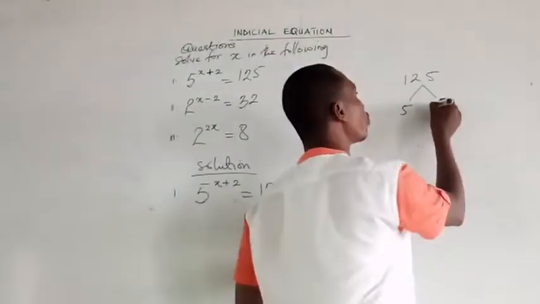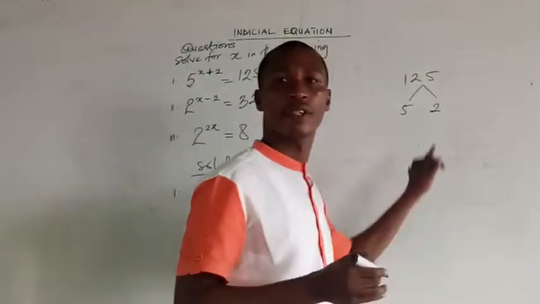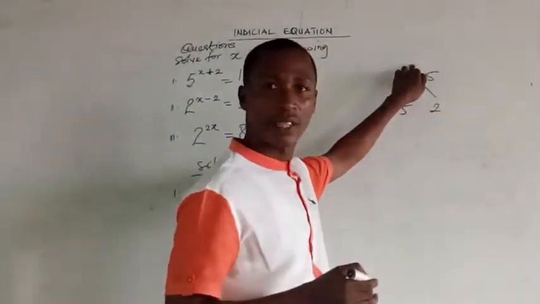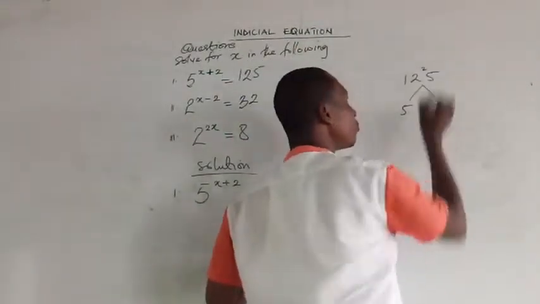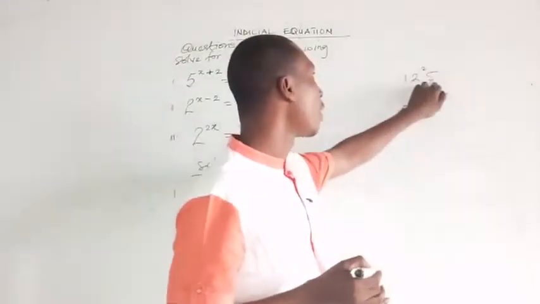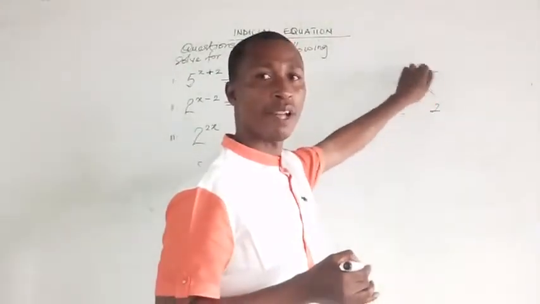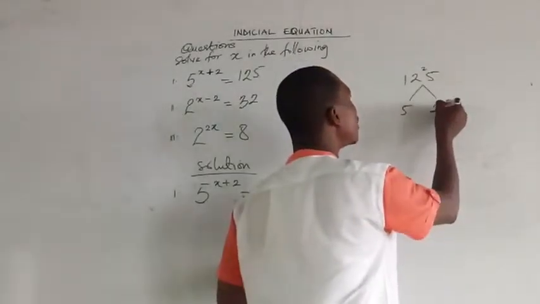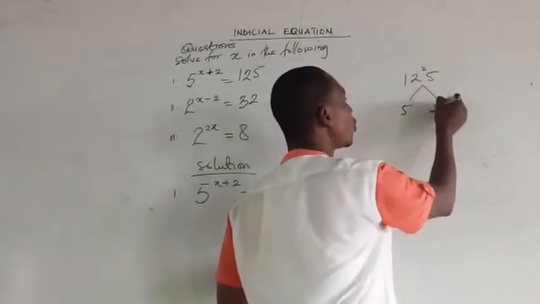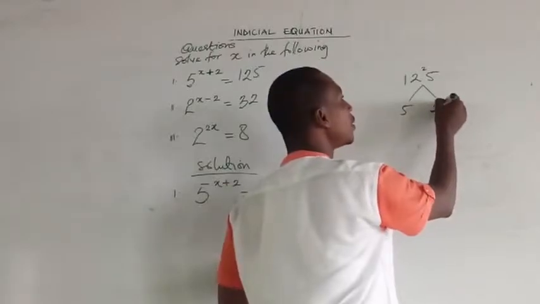5 times 2 is 10. If I subtract 10 from 12, I'll be left with what? 2. Then 2 and 5 together gives me 25. So 5 will go into 25, 5 times.